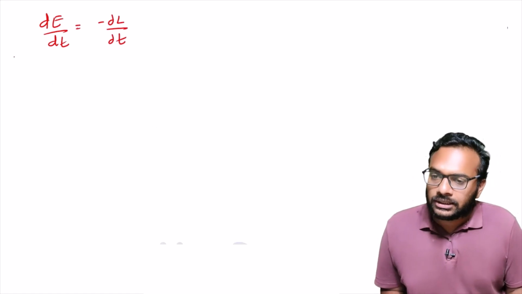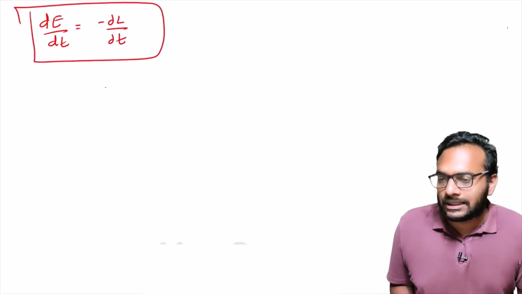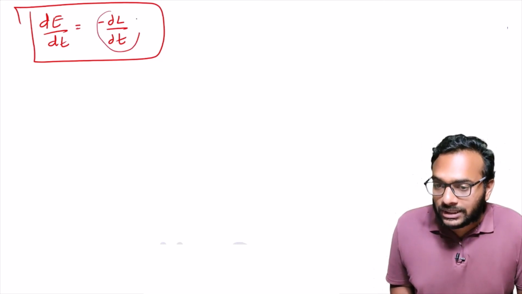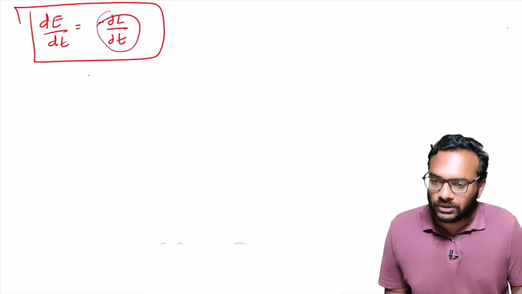So again this result. The first option says that if ∂L/∂t is equal to 0, then the E given in the first option is a conserved quantity. What was that E?